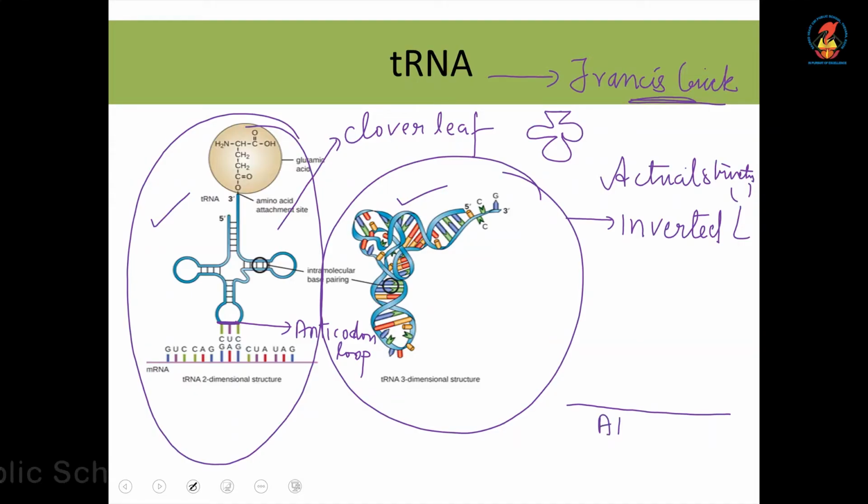If the bases are AAA, the tRNA having the anticodon complementary to AAA, which is UUU, will bind here, by complementary base pairing between the A's and the U's.